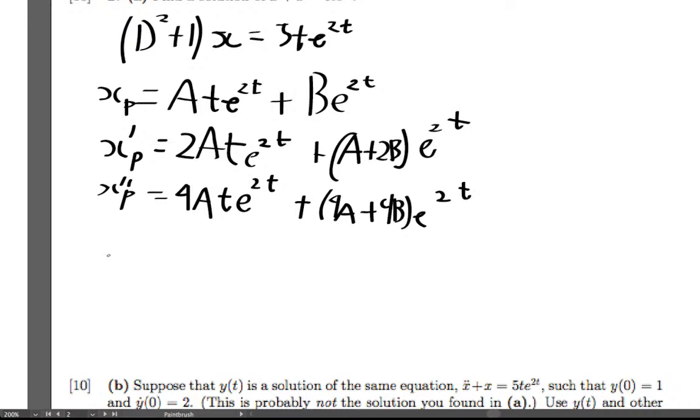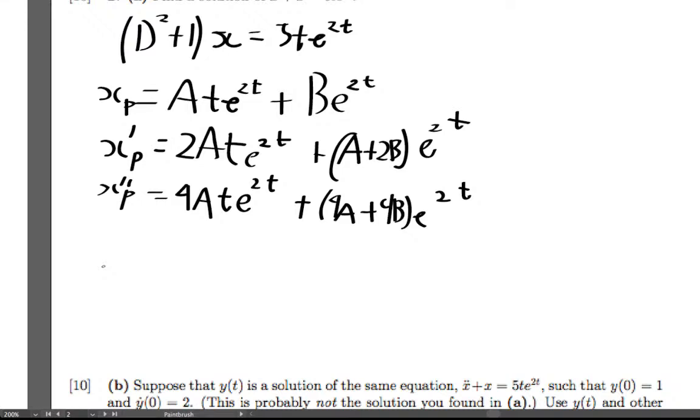Add this up with 5a t e to the power of 2t plus b e to the power of 2t. Summing those two up, you would get 5a t e to the power of 2t plus (4a plus 5b) e to the power of 2t.